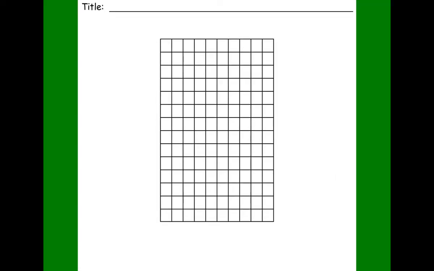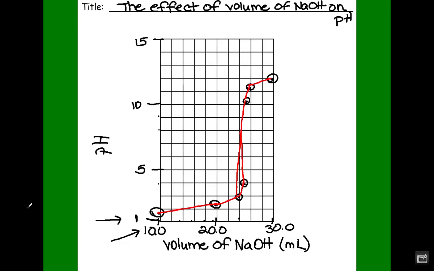So if we take a look back at my graph here, there we go. Okay, my one line was a little off, sorry. If we take a look at this, basically as I increase my volume, I'm increasing my pH. Okay, so the more NaOH I'm adding, the higher the pH is.